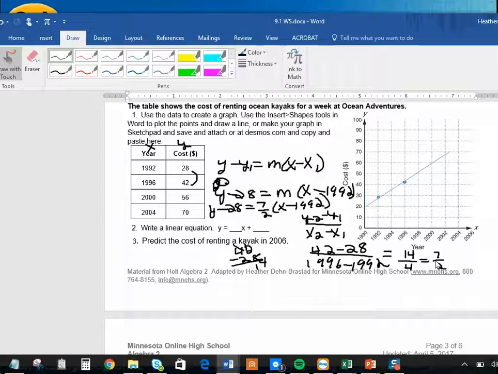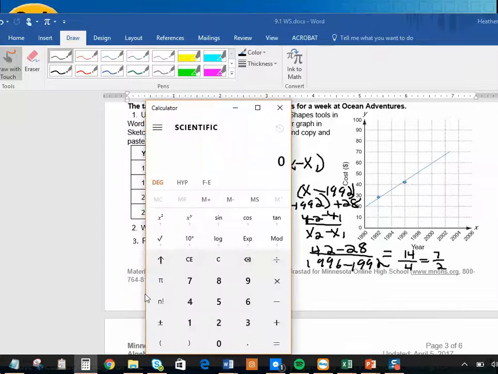Now if you want to write that in slope-intercept form, then we would just solve this by adding 28 to both sides. So we would get y equals 7/2 x. I need to find out what 7/2 times 1992 is. So my calculator is here.